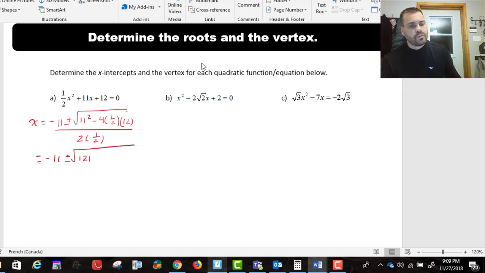And then half of 4 is 2 times 12 is 24. So we get minus 24. And it's all divided by 1 because 2 times a half is 1. So that's going to give me minus 11 plus or minus the square root of 121 minus 24, which is 97.